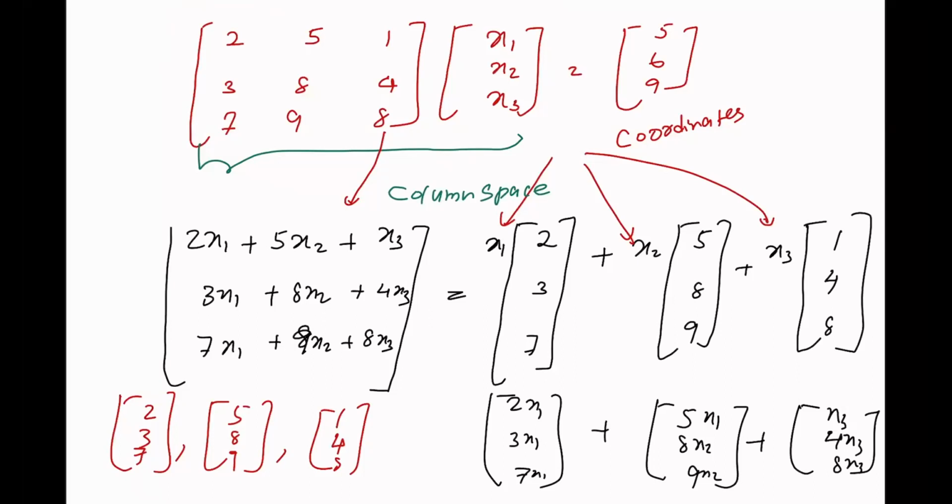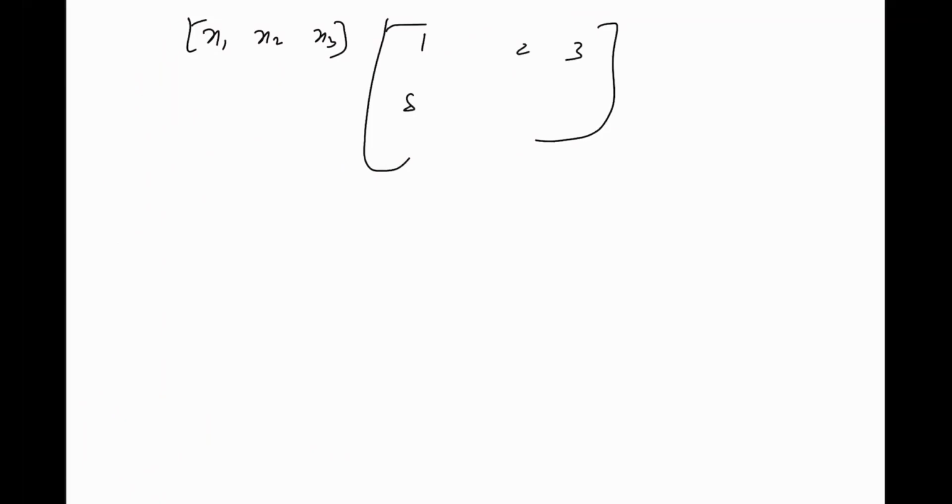Okay, so it means you have the column space, which is what we typically call it. Or consider a vector product like x1, x2, x3 multiplied by a matrix with some numbers like 1, 2, 3, 5, 6, 9, 8, 4, 2. In this case you would get the row space. I'm not going to write it all out, because in that case you get a linear combination of these three vectors.